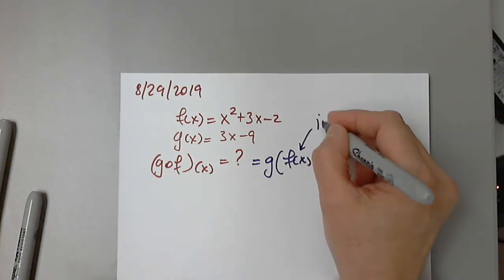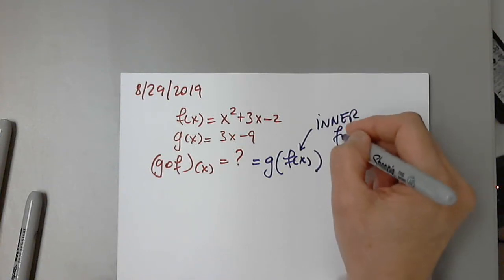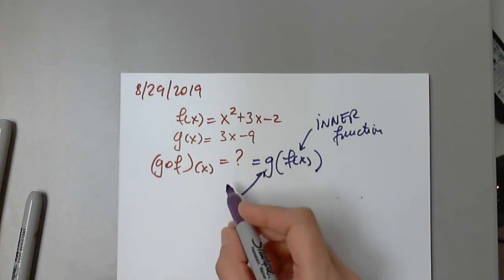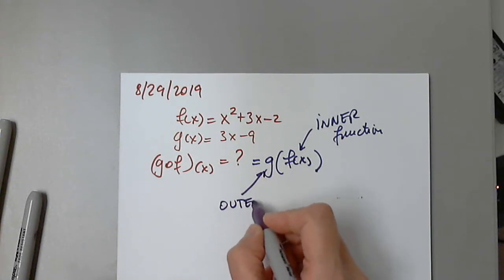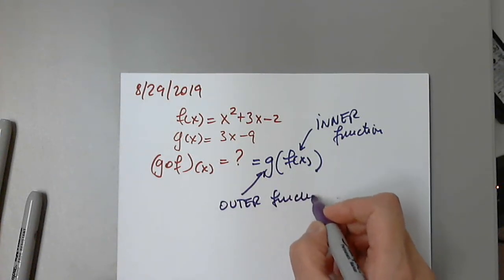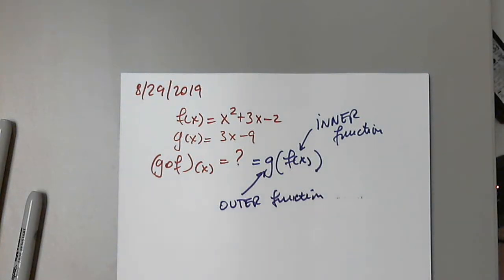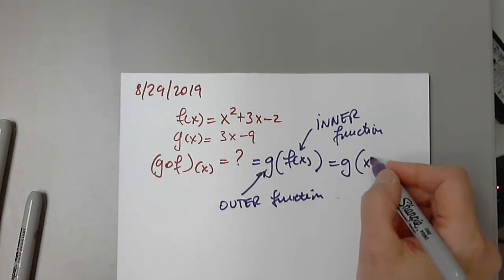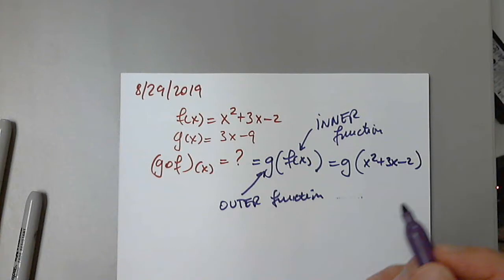This is called the inner function, and this is obviously the outer function, which means the inner function is applied to x first, the outer function follows. So therefore, g of x squared plus 3x minus 2 needs to be determined.